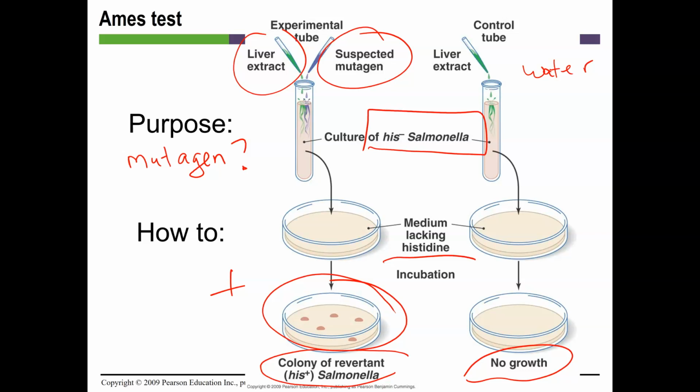We only need a change to happen at that spot a few times, and we'll see it as resulting colonies on our plate. So in sum, the Ames test is used to detect chemical mutagens. When set up correctly, it will allow us to visualize a point mutation at a single position in the genome, and we know that the chemical tested caused that mutation. This concludes our section on mutations and mutant detection.